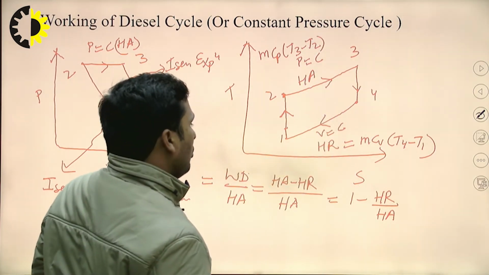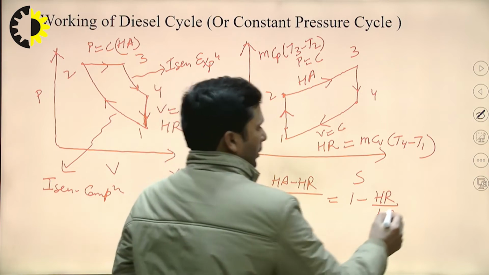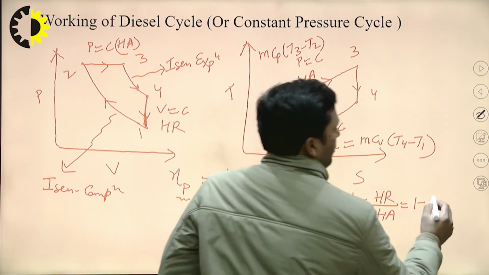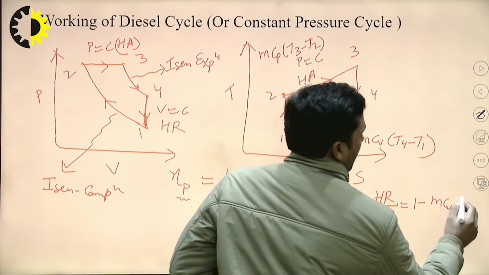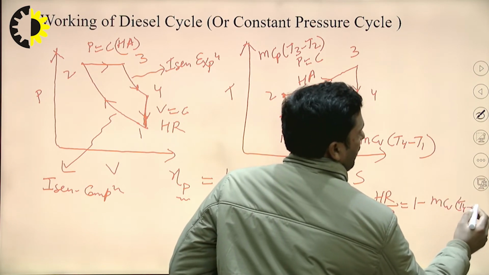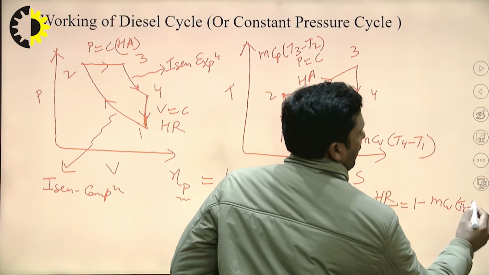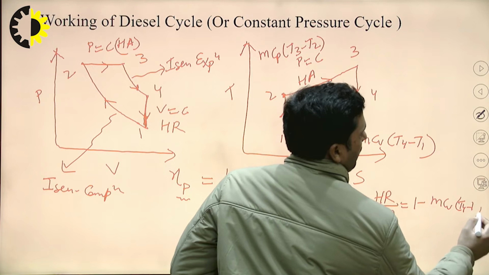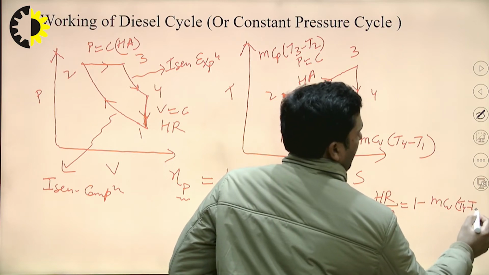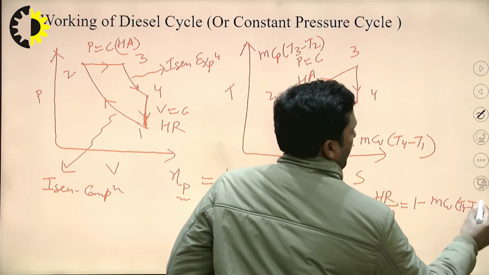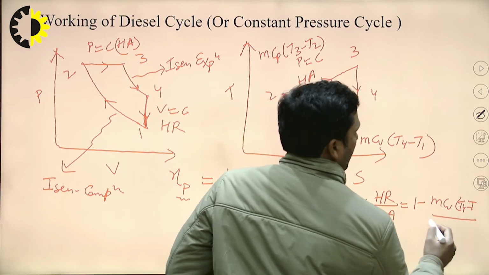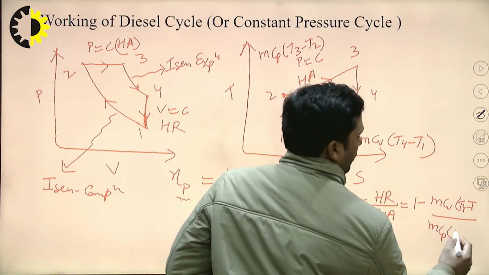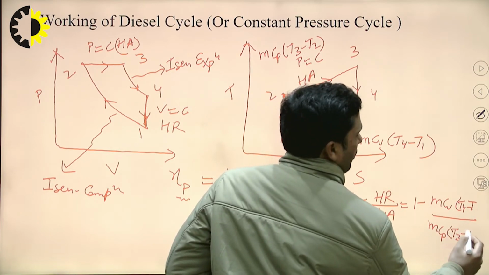If we put the values of heat rejection and heat addition in this expression, it will be equal to 1 minus m Cv (T4 minus T1) upon m Cp (T3 minus T2).